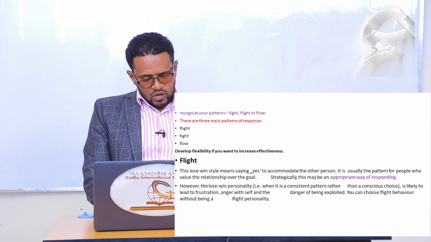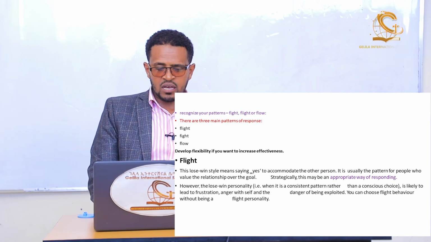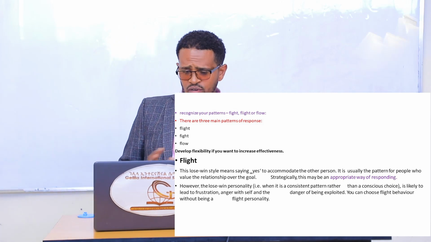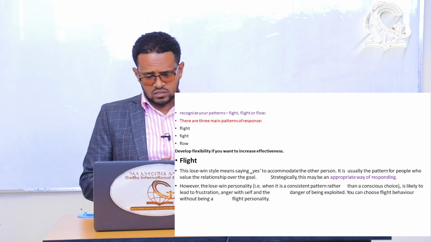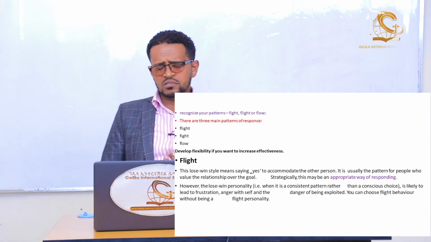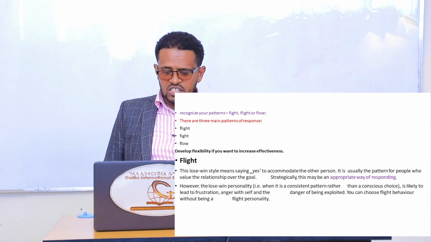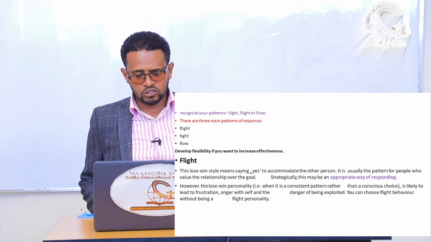The first one is flight, the second one is fight, the third one is plow. When you come to flight, we have to understand what it means. Flight is a move, which is one part of the response. This flight means lose-win style, in short.